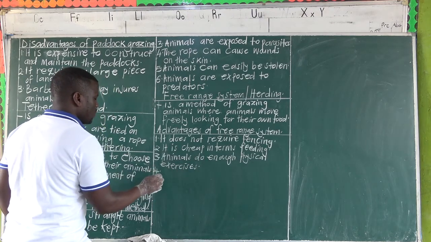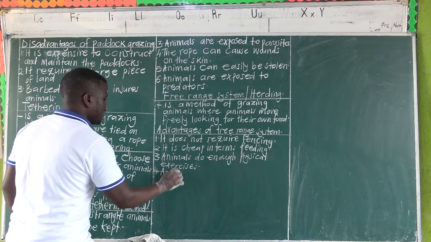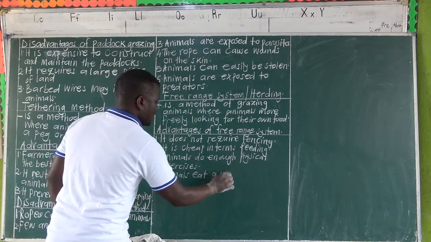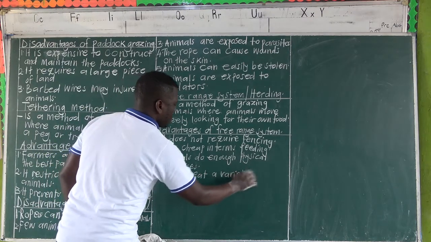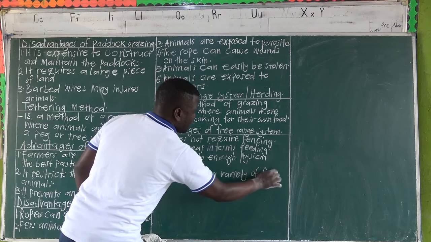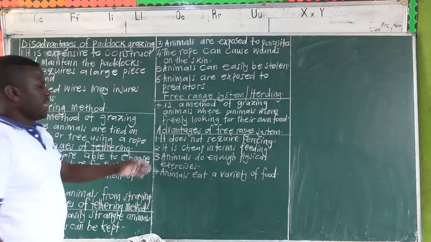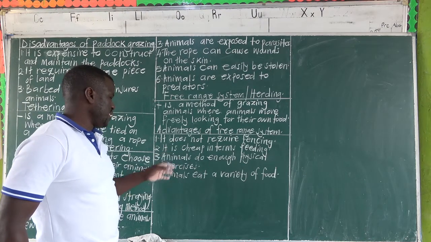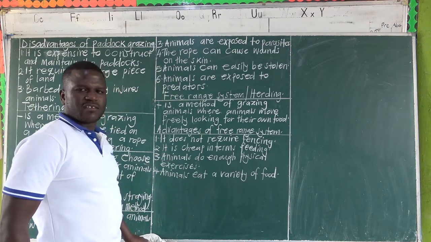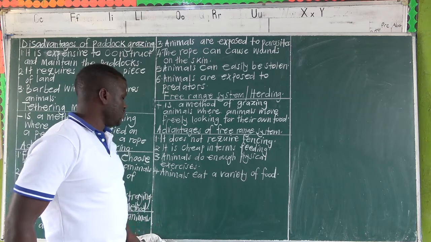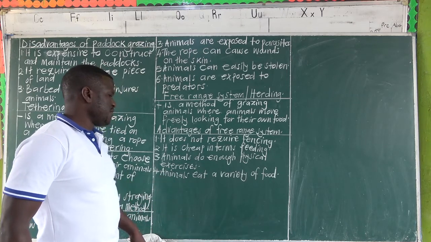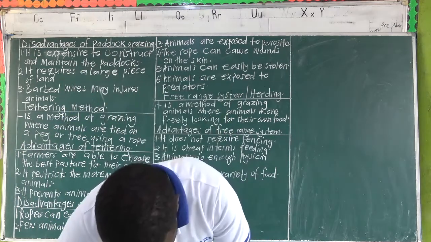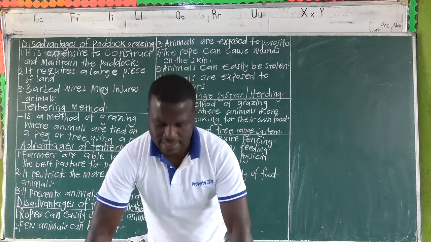Then number 4, animals eat a variety of food. So these are some of the advantages. It does not require fencing. It is cheaper in terms of feeding. Animals do enough physical exercises because they move a lot looking for their own food. Then animals eat a variety of food. They eat different types of food and therefore they end up getting a balanced diet.